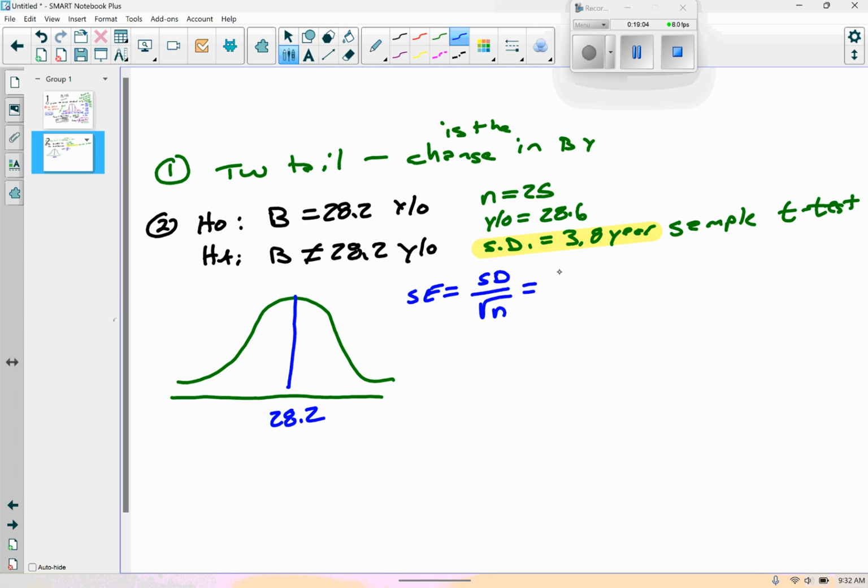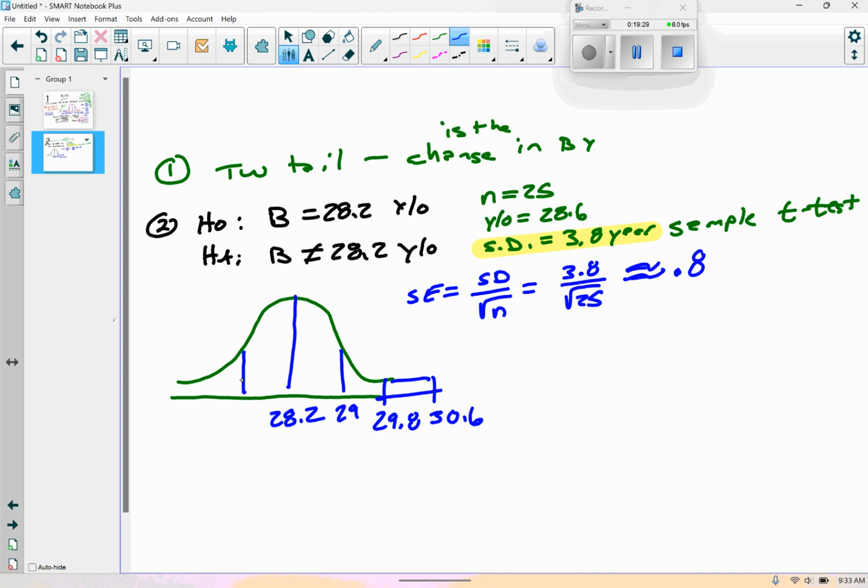So that's going to be 3.8 divided by the square root of 25, which is going to give us about 0.8. Okay, so that means that's 29, 29.8, 30.6.